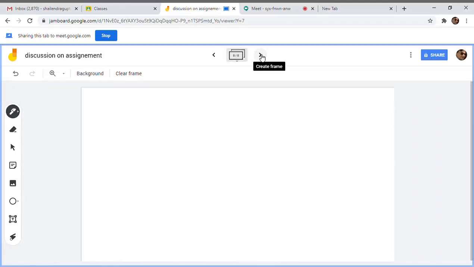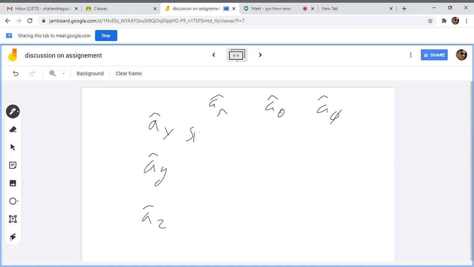To remind you, the matrix is: ax, ay, az against ar, a theta, and a phi. So it is sine theta cos phi, then sine theta sine phi, then cos theta.